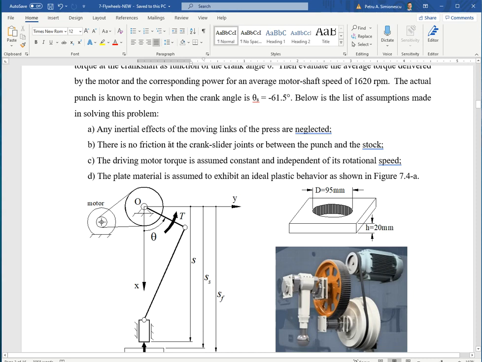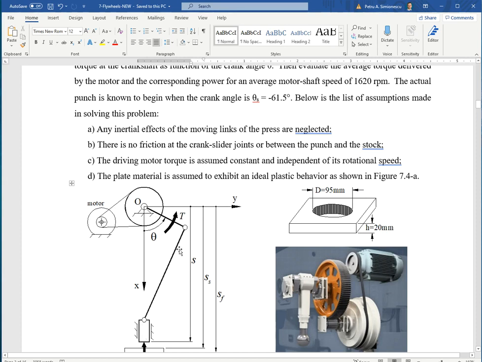What assumptions we're making to make the problem easier to solve is that the moving parts of the punch press, the punch itself, have negligible inertia. We're assuming all the energy storage to be in the flywheel, although the rotor of the motor itself has inertia. We're neglecting any friction to apply the principle of virtual work.